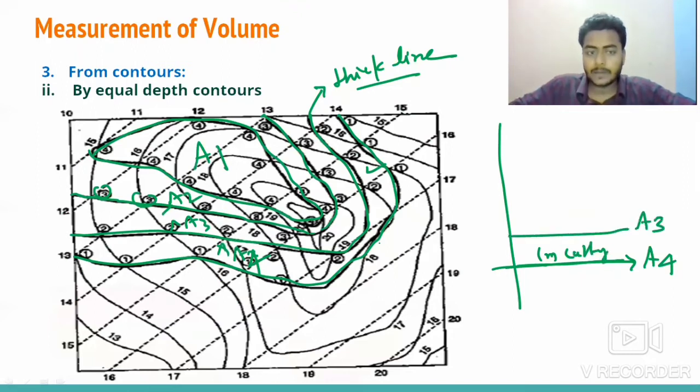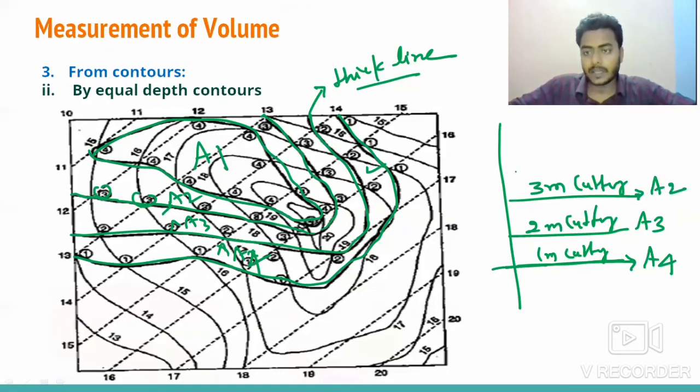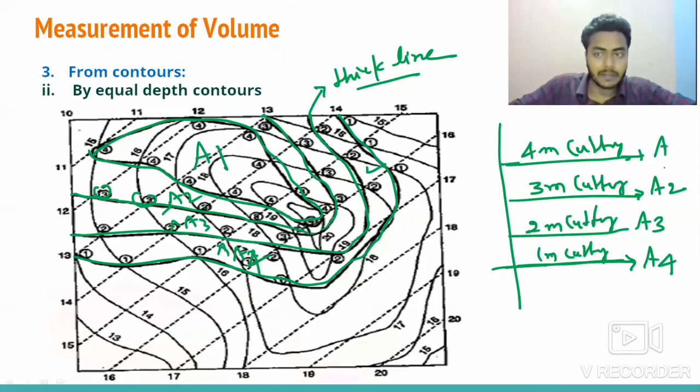At this A3, I'm giving a name, this required 2 meter cutting. At this point, it is required 3 meter cutting. 3 meter of depth. This required 4 meter cutting, and its name is given A1.